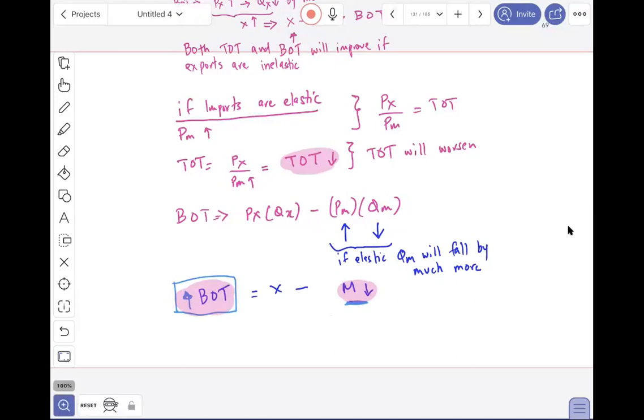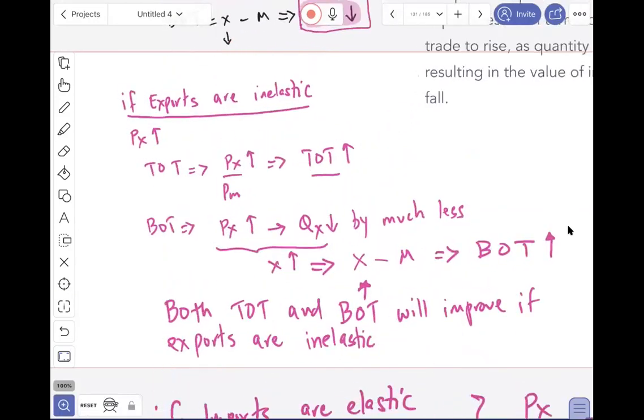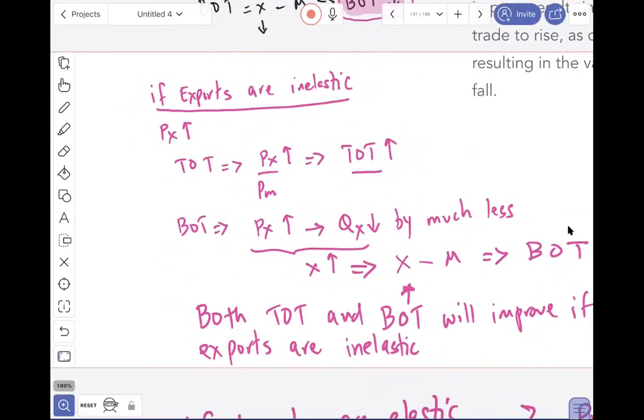And I just recap this kind of discussion because we failed to record it. We said that if exports are becoming expensive, terms of trade is exports over imports. So exports become expensive, terms of trade will go up because PX is going up. But what will happen to balance of trade? Because PX is becoming expensive and it is inelastic, right? We said that quantity of exports will fall by much less, making export expenditure go up.